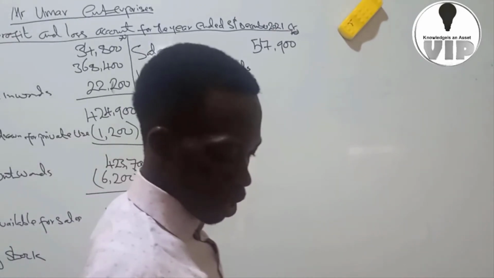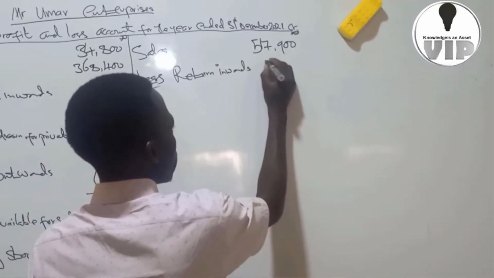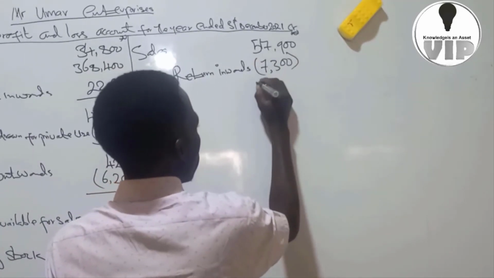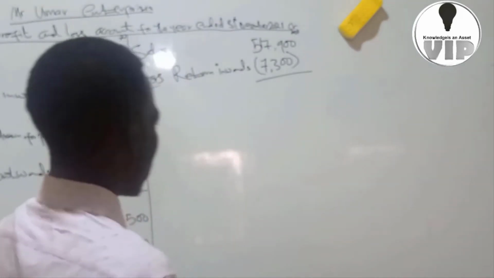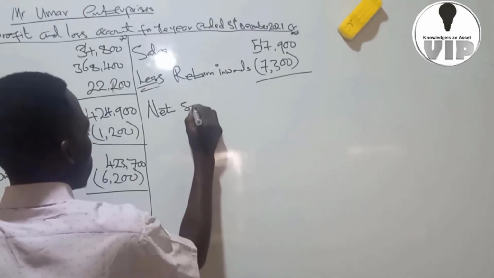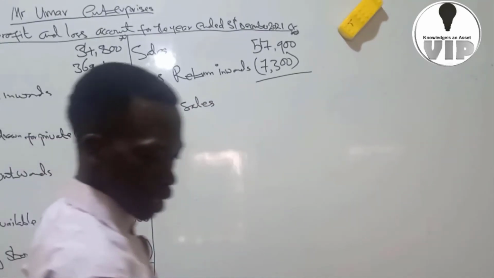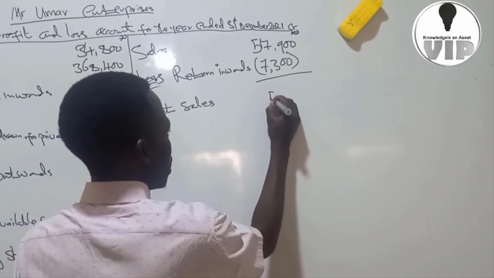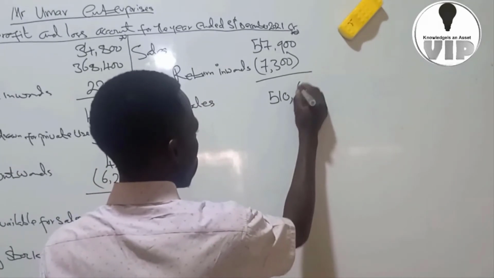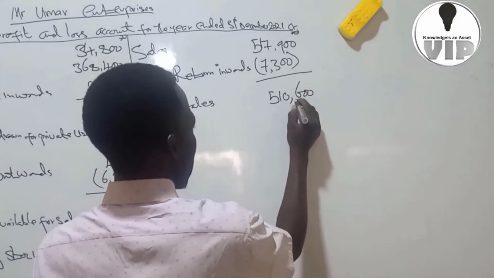Return inwards from our customers is 7,300. After we less it, we are going to get our net sale, the actual sale. Net sale is how much? 510,600. This is our net sale.